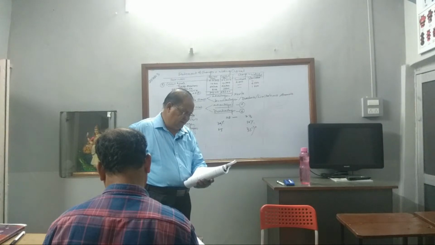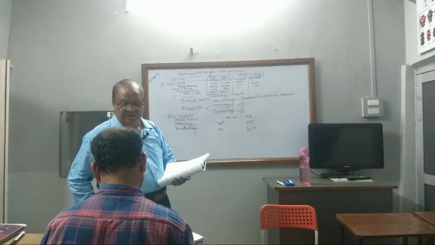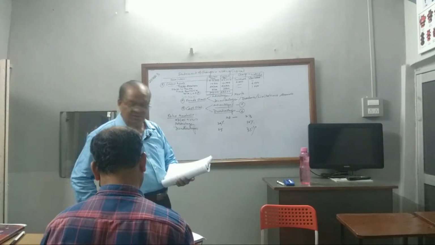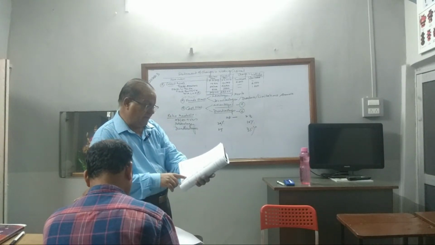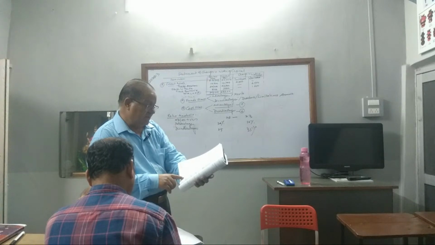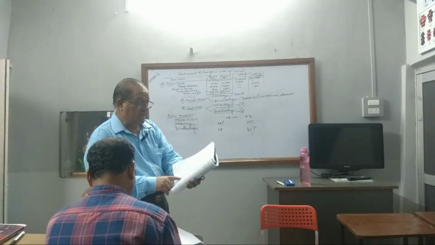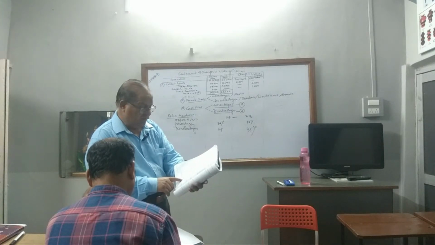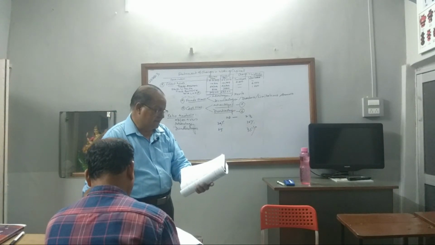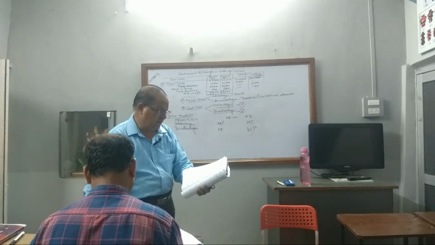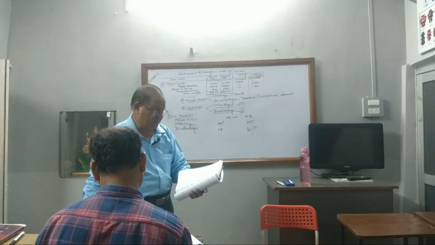And current liabilities minus bank overdraft is liquid liabilities, also called quick liabilities. Just see here, they are given to you: cash at bank, short-term investment, and current liabilities. 4 lakh is to 3 lakh 80,000, you will get 1.05 is to 1. Liquid assets upon liquid liabilities is the liquid ratio.